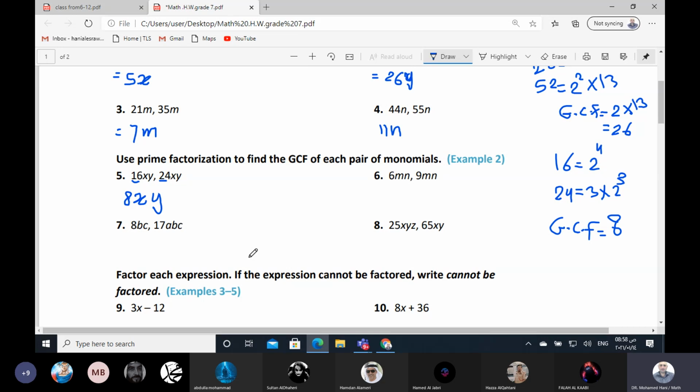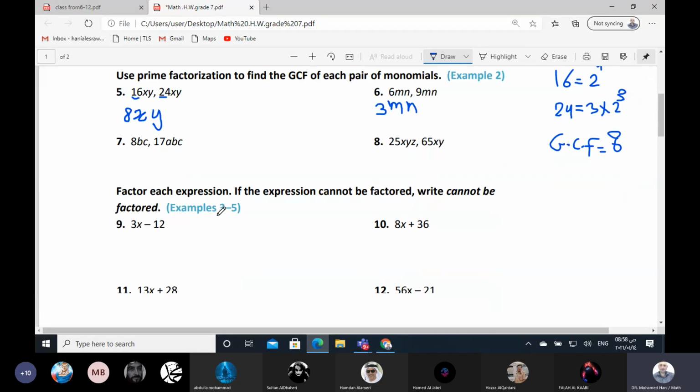Great. 3mn. Okay, the GCF between 6 and 9 will be 3. And here we have m and n. 3mn.